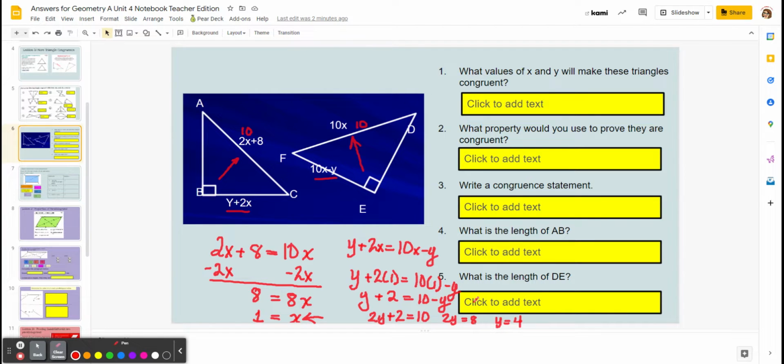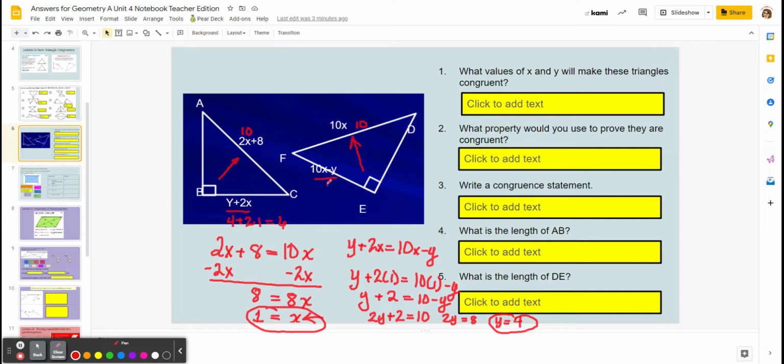Trying to squeeze that all in there. And I can double check my answer. If I put a 1 in for x and a 4 in for y, does it make both of these sides equal? So let's see. 4 plus 2 times 1. 2 times 1 is 2, plus 4 is 6.